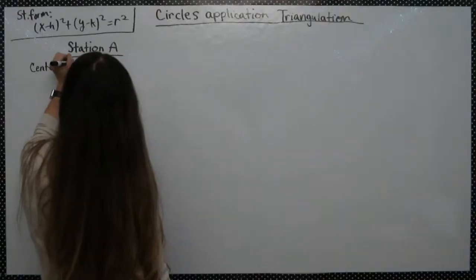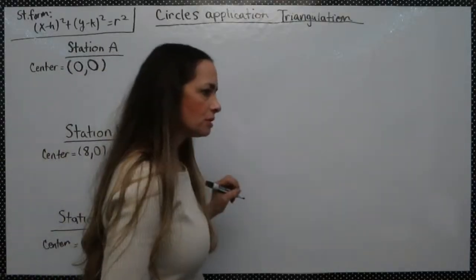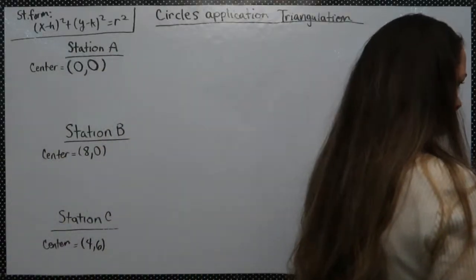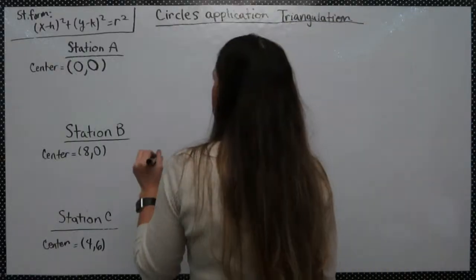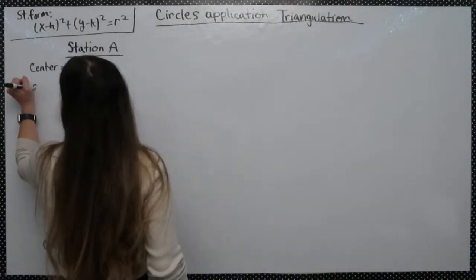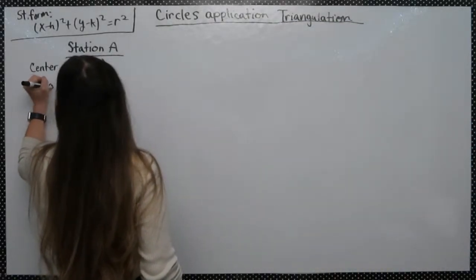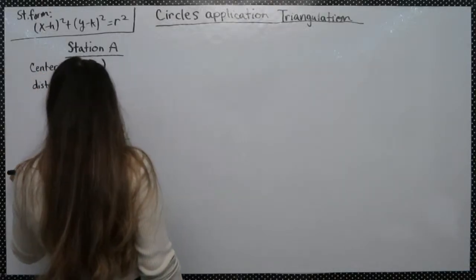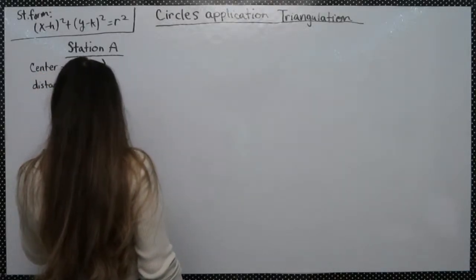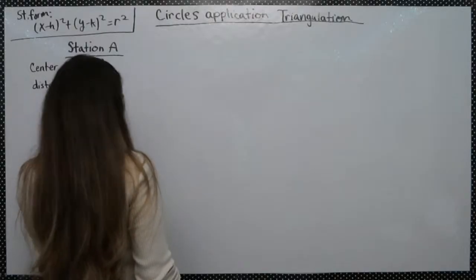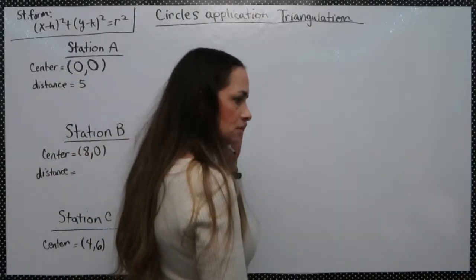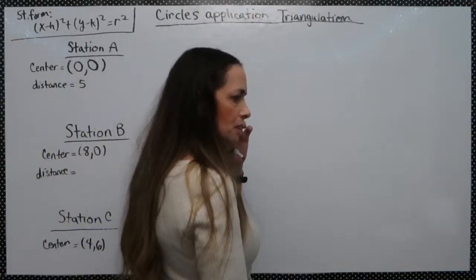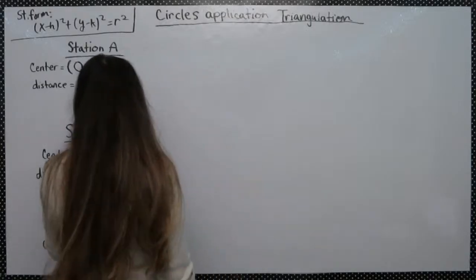So we have our centers. It also gives us the radius. So it says distance 5. It's saying the distance from station B is also 5.